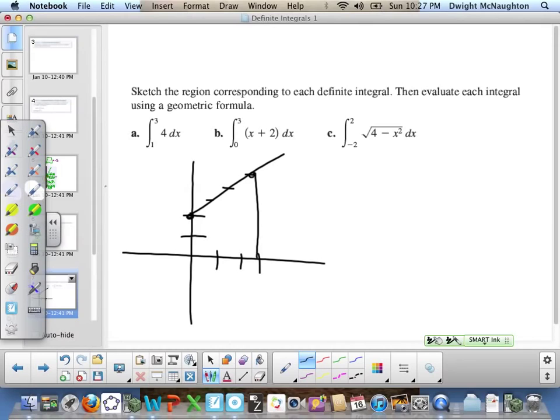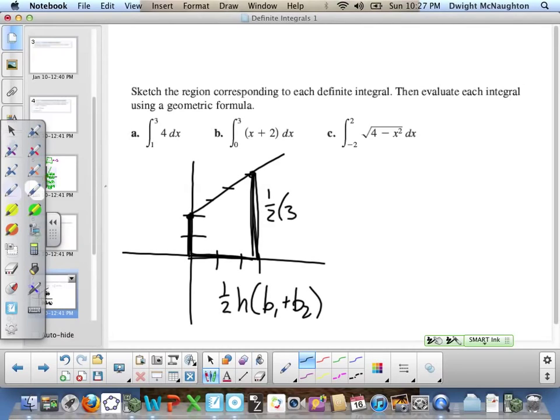That's the area we're looking for, and it looks kind of like a trapezoid turned sideways. Here are our two bases, and here's our height. The area of a trapezoid is 1/2 the height times the sum of the bases.